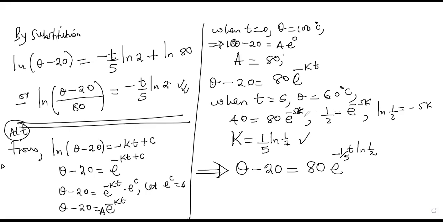Master, you are neglecting the negative. From where? From ln a half equals negative 5k. K is supposed to be negative 1/5. So meaning here we have positive, isn't it?